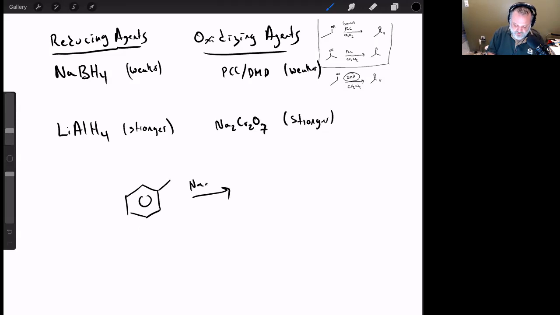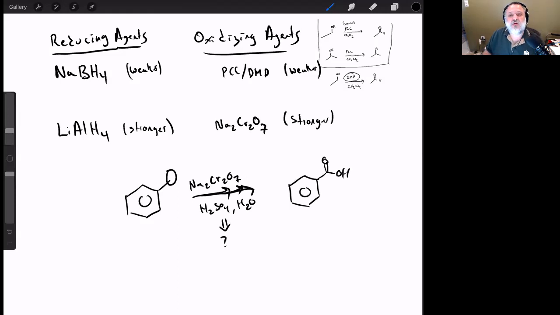If I give you the sodium dichromate here, and you've gotten yourself stuck on memorizing one reaction at a time, you don't say to yourself, what's the product of this reaction? You have to say to yourself, what's this reagent do? I think that is more efficient. If you say to yourself, this reagent is a strong oxidizing agent, then the next thing you can say is, oh, there's a benzylic position, and benzylic positions are highly reactive. You'll learn that more next semester, and you can oxidize that all the way to a carboxylic acid.